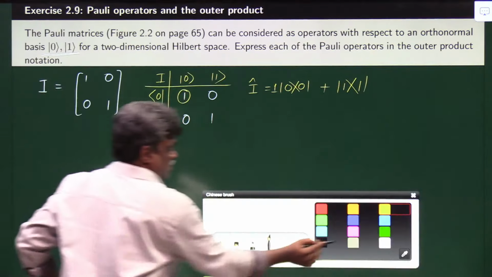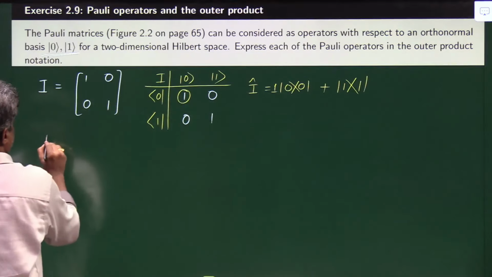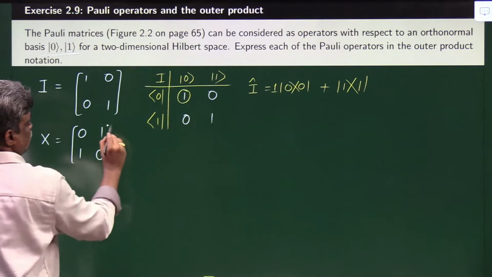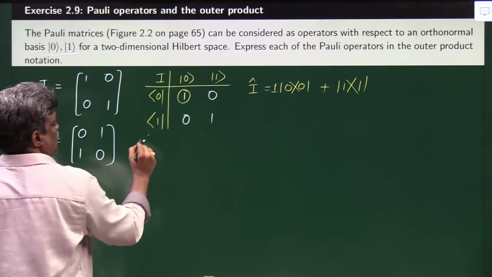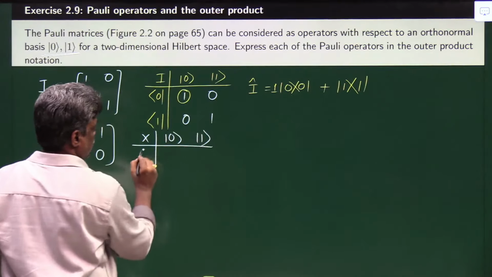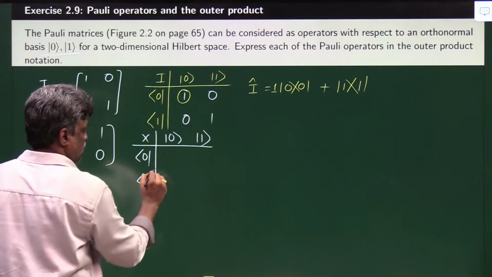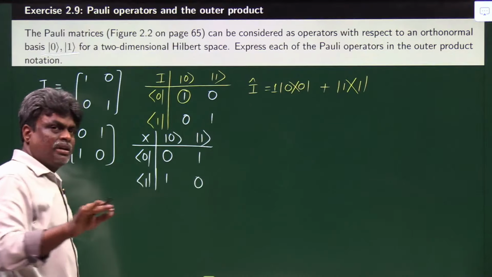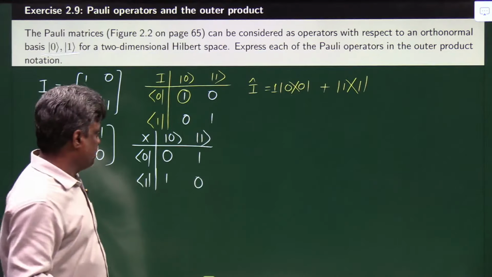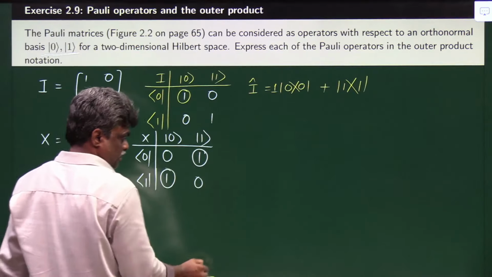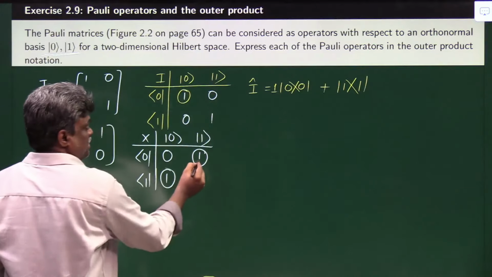Now let us go to the Pauli matrices. This is X, 0 1 1 0. First let me write the matrix representation: ket 0, ket 1, bra 0, bra 1. So 0 1 1 0. You need not bother about the 0 elements, leave them, just round up this 1 and this 1. Now see this one.